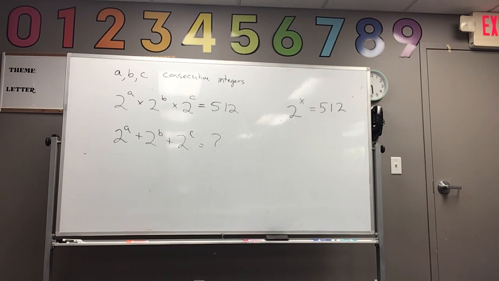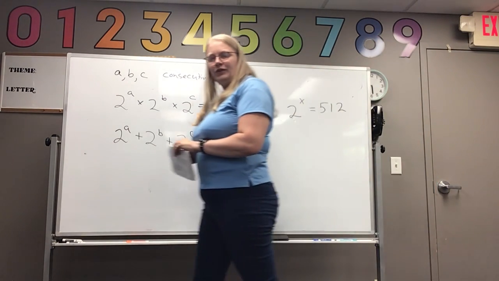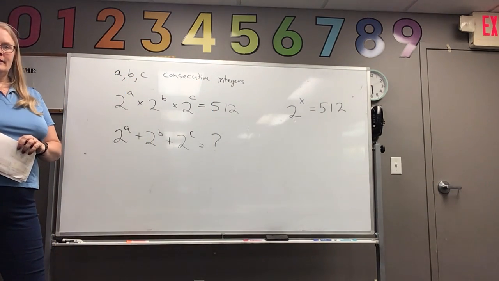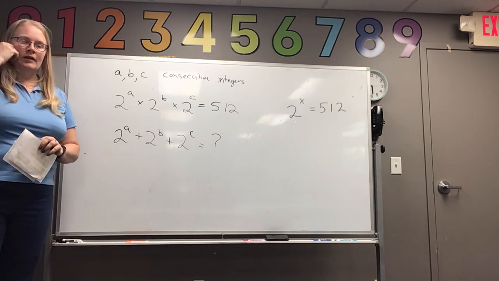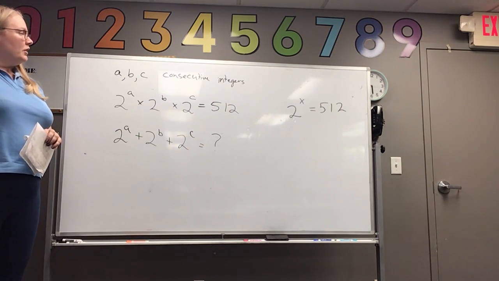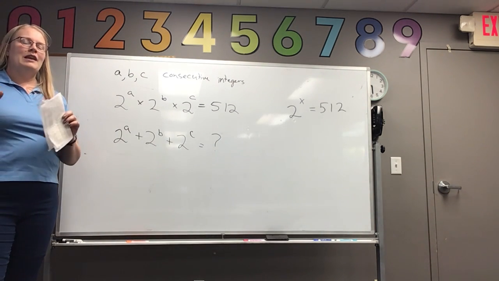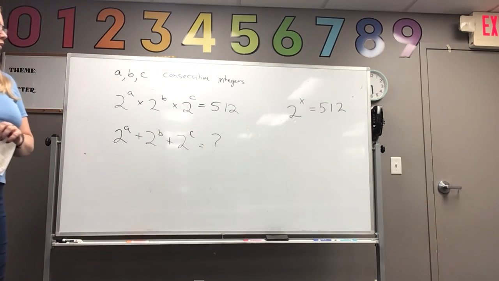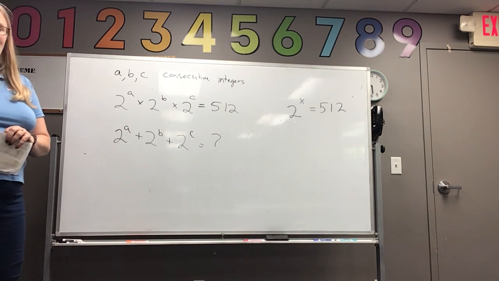2 to the what equals 512? How many times do we have to multiply 2 by itself to get to 512? Worst case scenario, start with 512 in your calculator, start dividing by 2 and see how many times you do it. Or you can run test numbers, 2 to the 8th, 2 to the 10th.